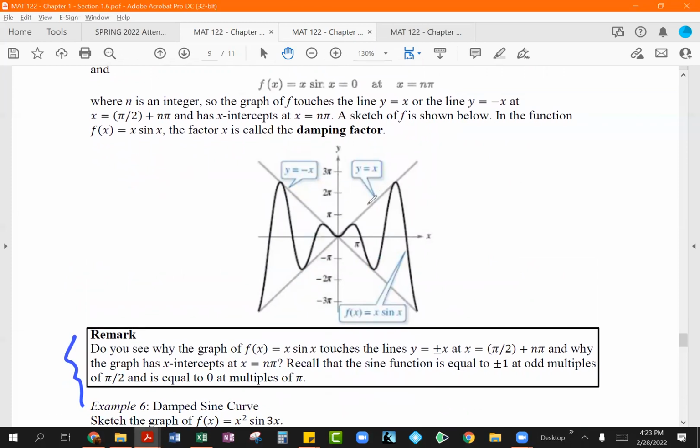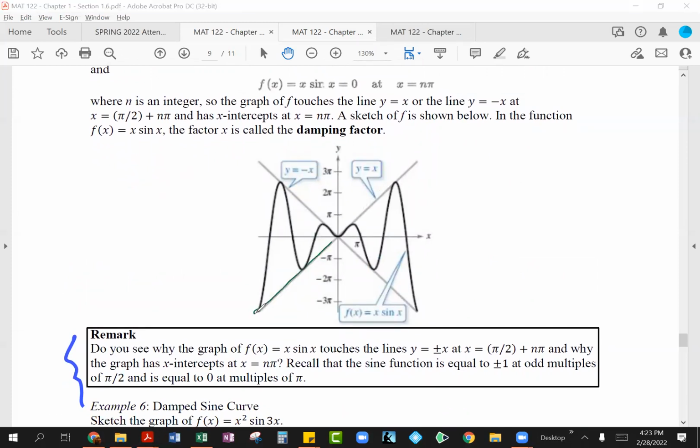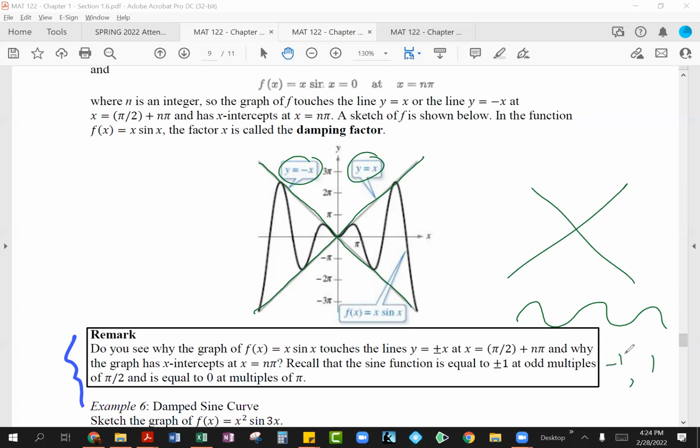Here you can see this line with the positive slope is your y equals x line. This line with the negative slope is your y equals negative x. So there's that cross we were talking about. Now, normally, your sine function has this sine curve. So what happens is you will see, instead of staying in that -1 to +1 range, that range will change because of this damping factor of x that we have.